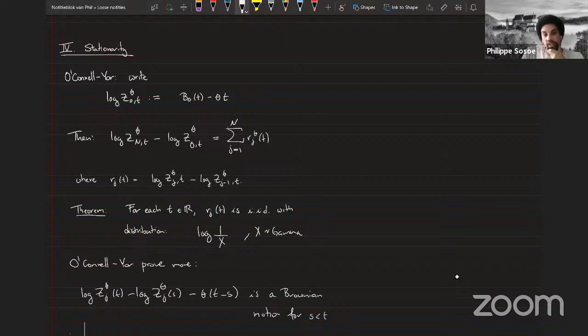Actually, this is a consequence of O'Connell and Yor's result. They prove quite a bit more than this.